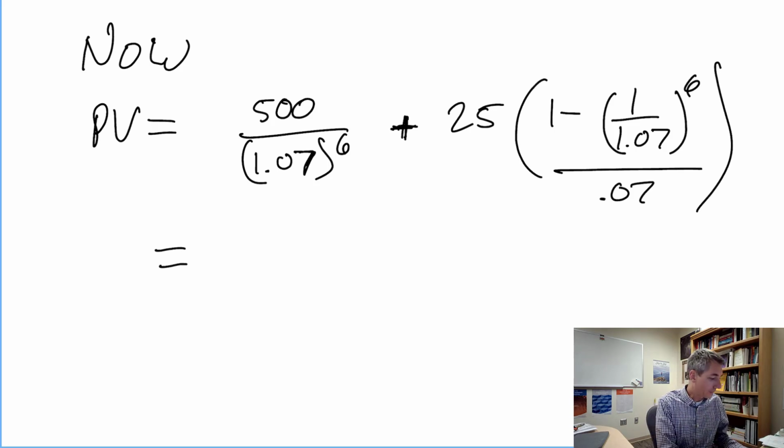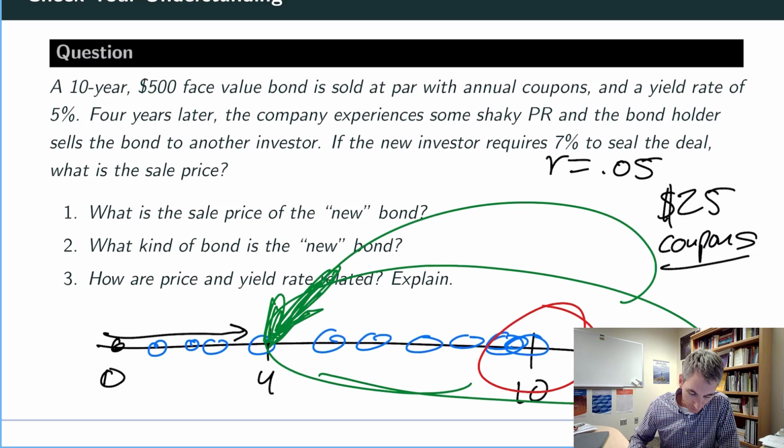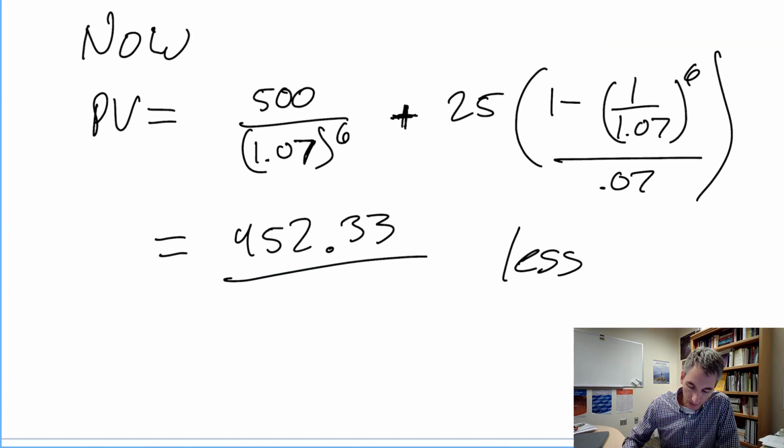So let's run the numbers on this. 500 divided by 1.07 to the 6 plus $25 times the annuity formula. And I'm getting $452.33. Now that is less. Okay? And that's the answer to question number 3. How are the sale price and the yield rate related?